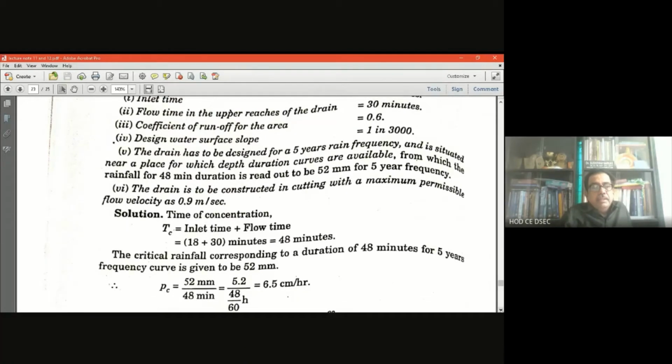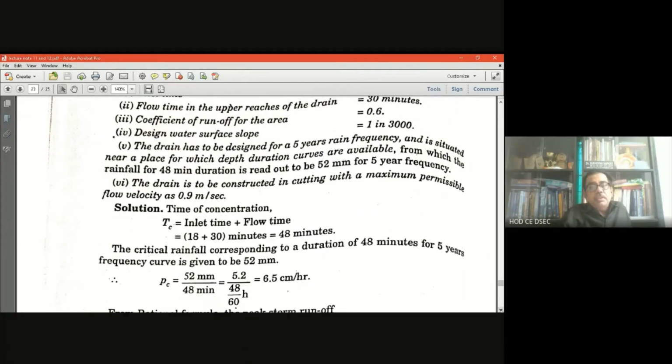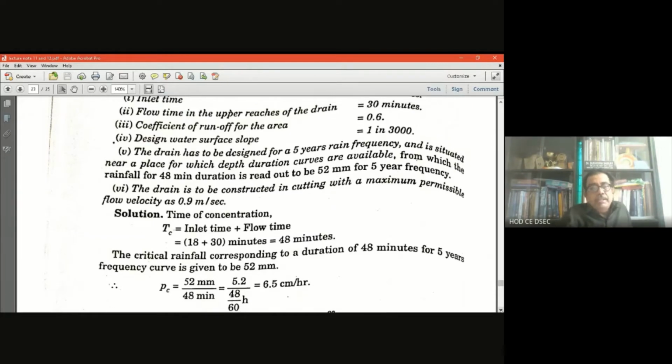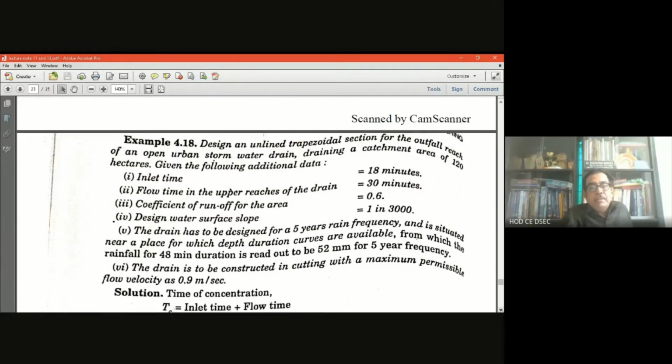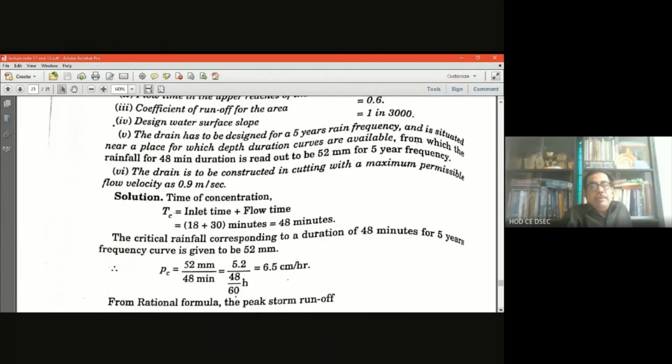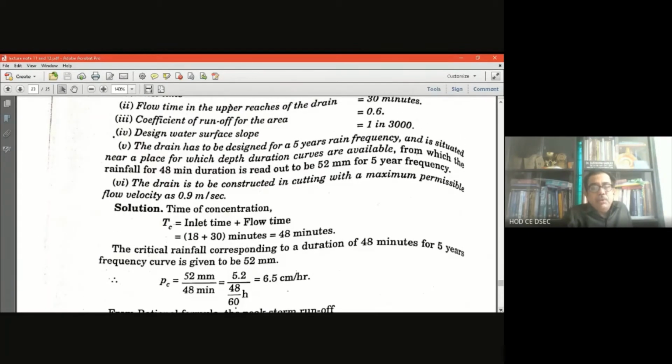That means the critical rainfall corresponding to this 48-minute duration will be our design criterion, and it is given in the question, point number 5: for 48-minute duration and 5 years frequency, the rainfall is 52 millimeter.